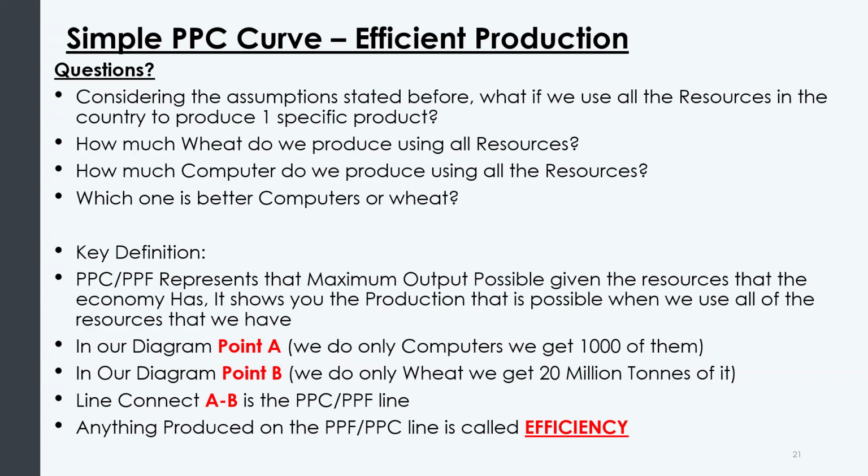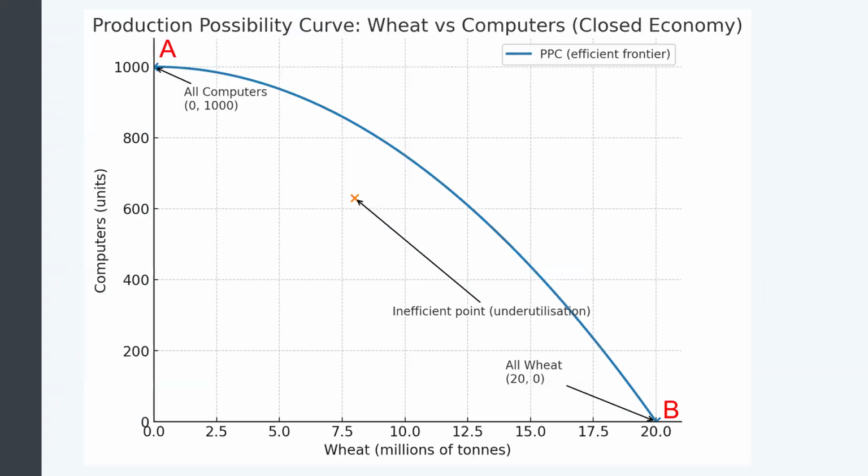So the production possibility curve, or the PPC, is the graph that shows us the maximum possible production that a country can make using all of the resources that the country has. If we use all of our land, if we use all of our labor, if we use all of our entrepreneurial skills, if we use all of our capital, right?